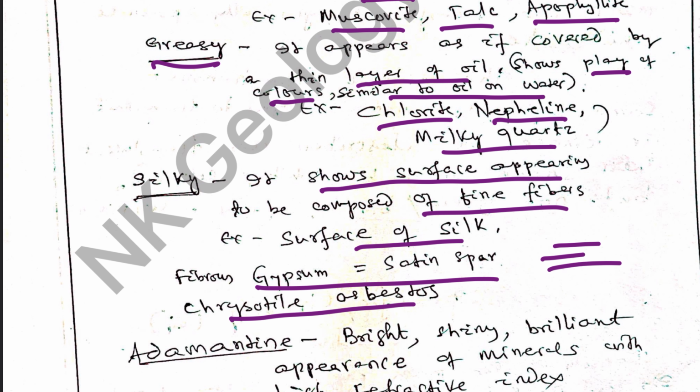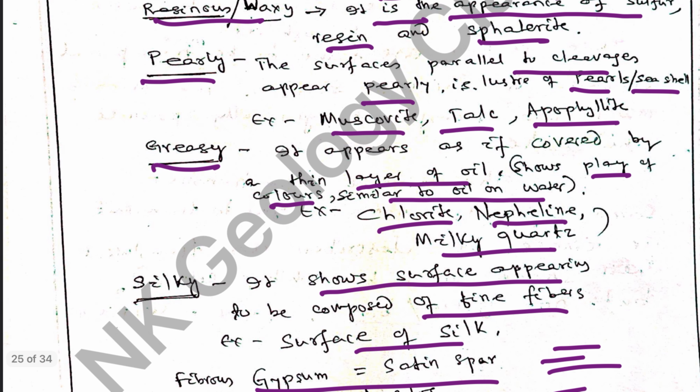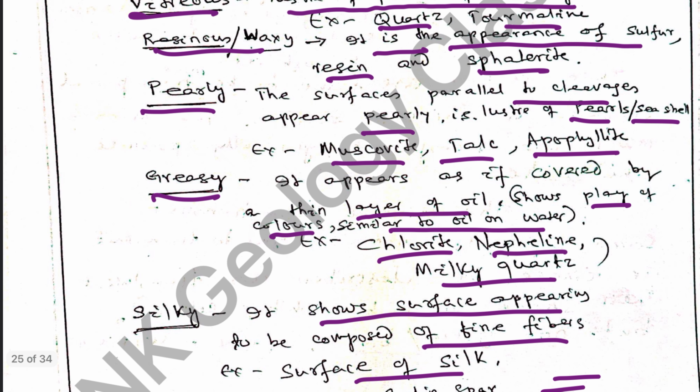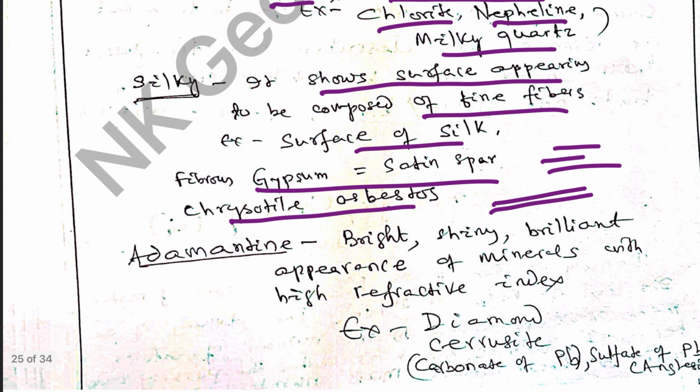So, asbestos provides fibers, silky fibers. So, the fibers, they provide silky luster. Oily substances, they provide greasy luster. Cleavage surfaces provide pearly luster. Resin provides resinous luster.